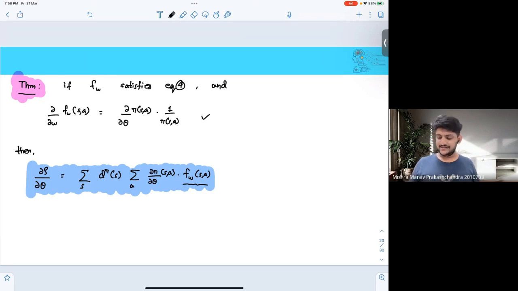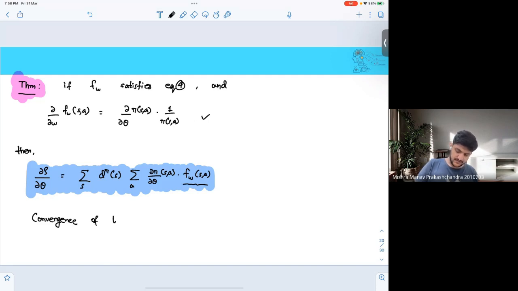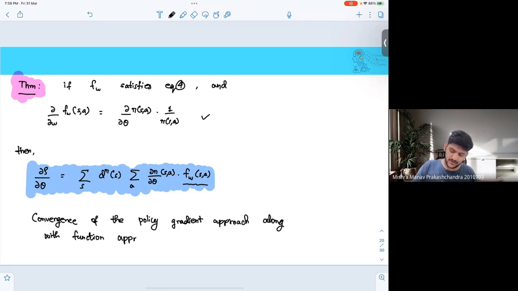So once we show that, this shows the convergence of the policy gradient approach along with function approximation, right? So with function approximation, this method shows the convergence for a policy gradient method.